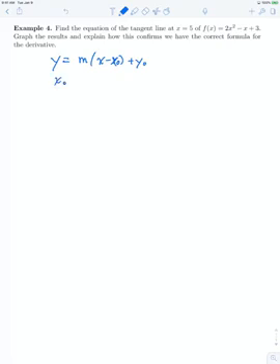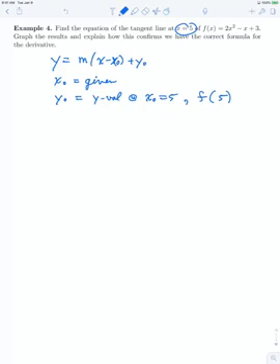So x0 is usually given, and it is in this problem exactly. It's x equals 5. y0 should be the corresponding y value, the y value at x0, which is 5. And so we find that by just plugging in 5 to the formula.